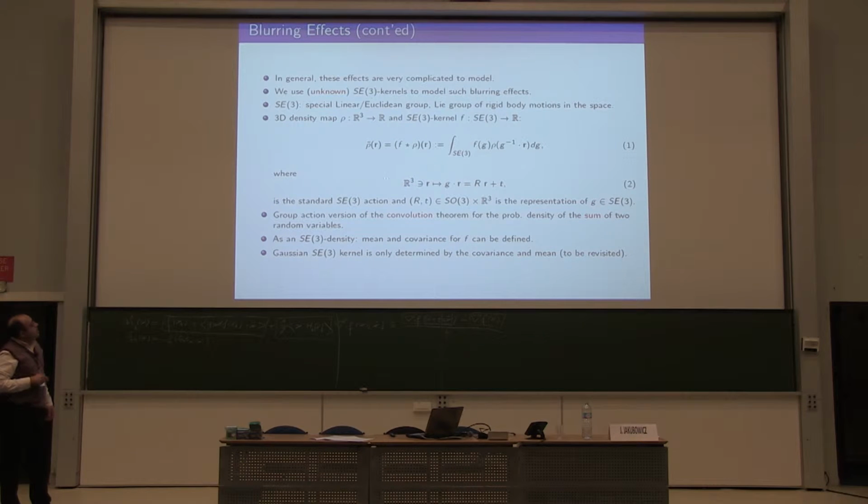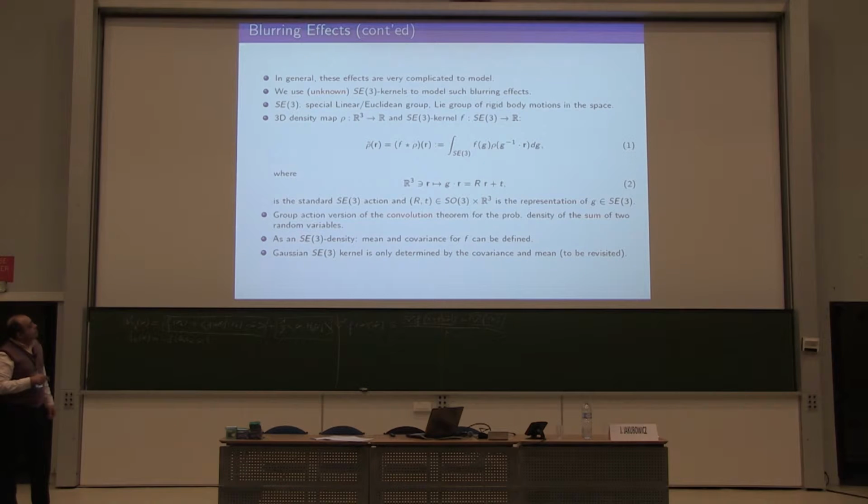The way we go about it is that we look at the standard action of SE3 on R3, which is through rotation R plus translation. And then you can think about it as kind of weighted averaging, the same way that we do convolution of adding standard Euclidean random variables.